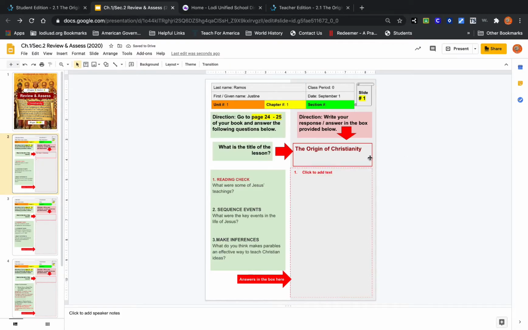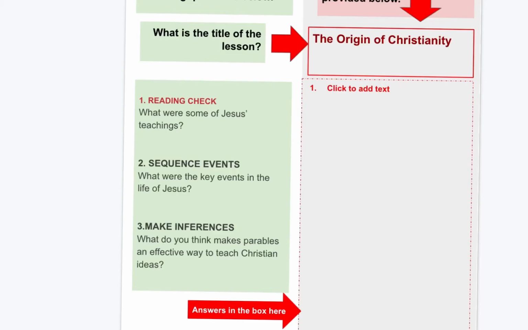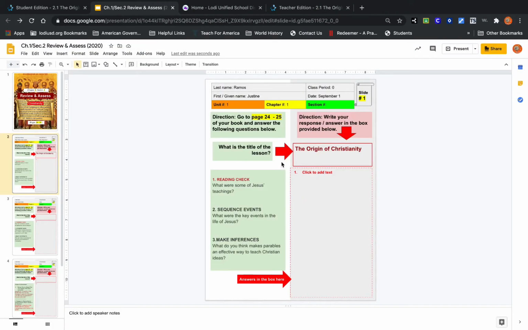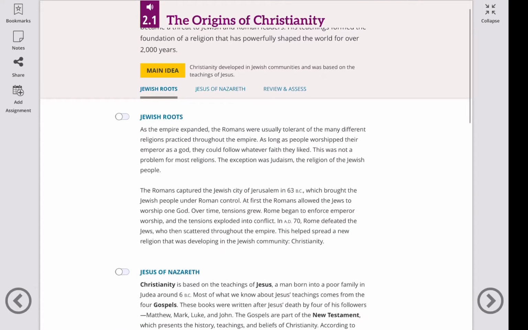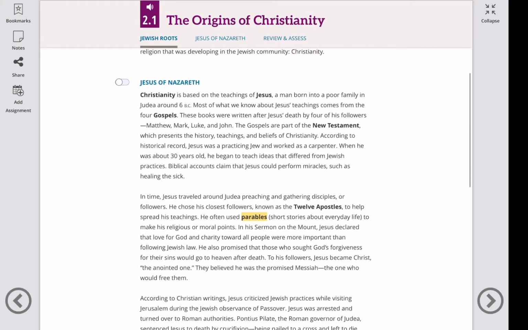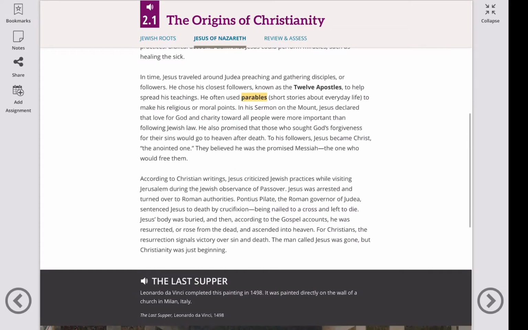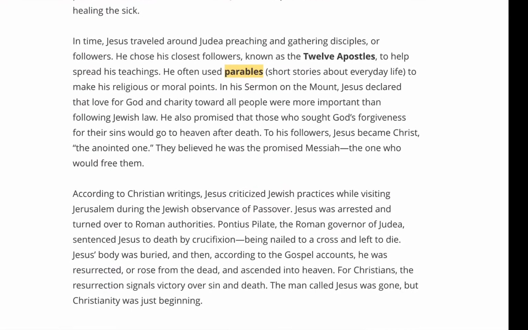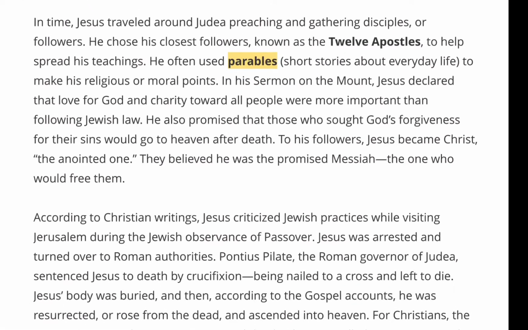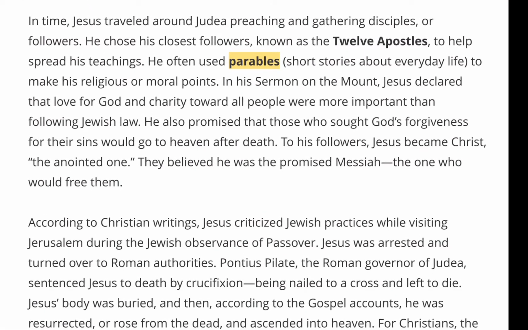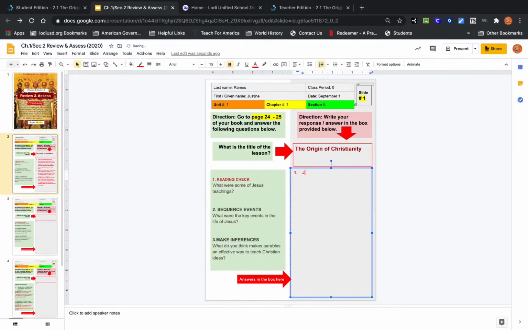Now let's answer the first question. What were some of Jesus' teachings? Of course, to answer this, you need to go back to the book. So let's go to the book to find the answer to the questions. Here we find that Jesus used parables to teach his sermons and to teach his followers how to live their lives.